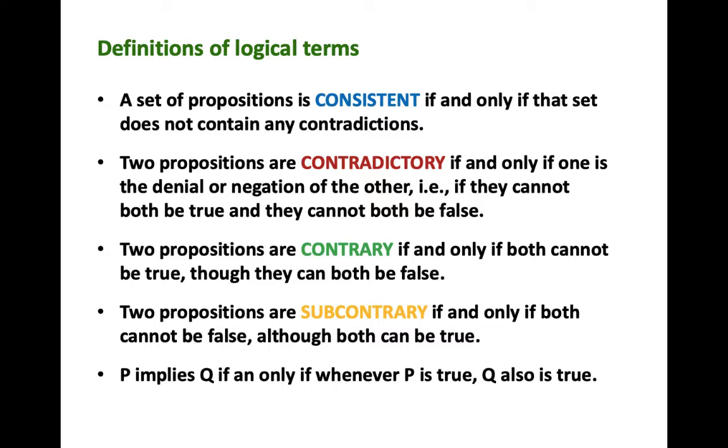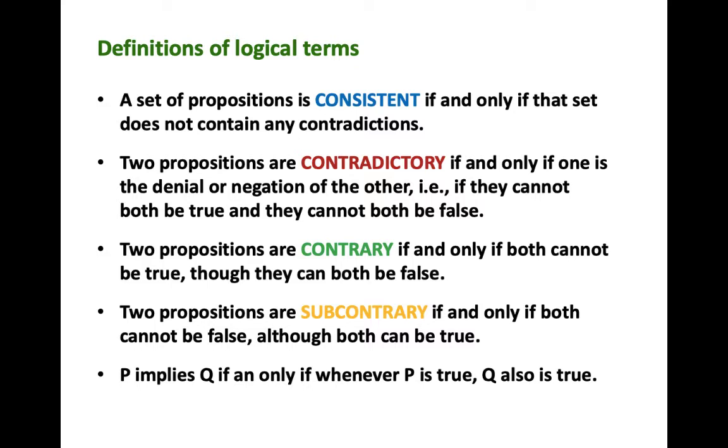For example, all pit bulls are vicious is contrary to the claim no pit bulls are vicious. They're not contradictories, they are contrary. Both could be wrong if some are vicious and some are not. Two propositions are said to be subcontrary, and nobody uses these words except for logic professors.